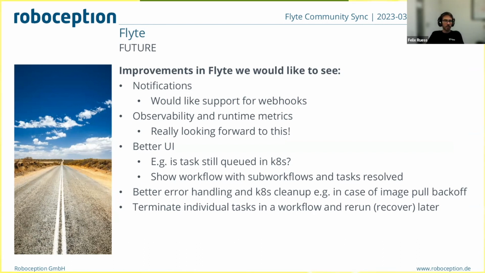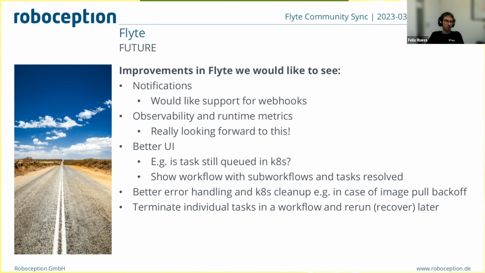And then also in relation to this, it would be super nice to see, for example, that the task is scheduled from the Flyte side, but it's actually queued in Kubernetes. Right now, you cannot really see this in the Flyte console, so you need to look into your cluster to see that.